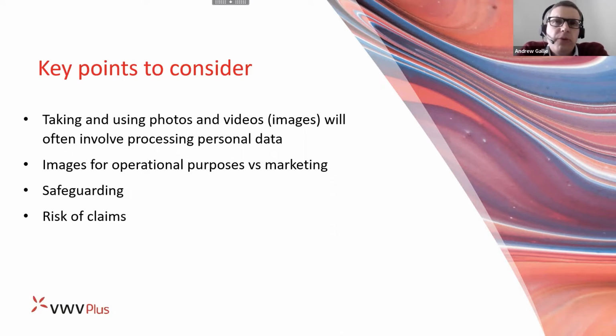We'll look at the transparency point in more detail in a moment, but just in terms of the bear traps we sometimes see, make sure that those staff who have responsibility for taking photographs are all joined up with your safeguarding colleagues. Because in any school, there'll be a small number of pupils who can't appear in images for very good reasons.